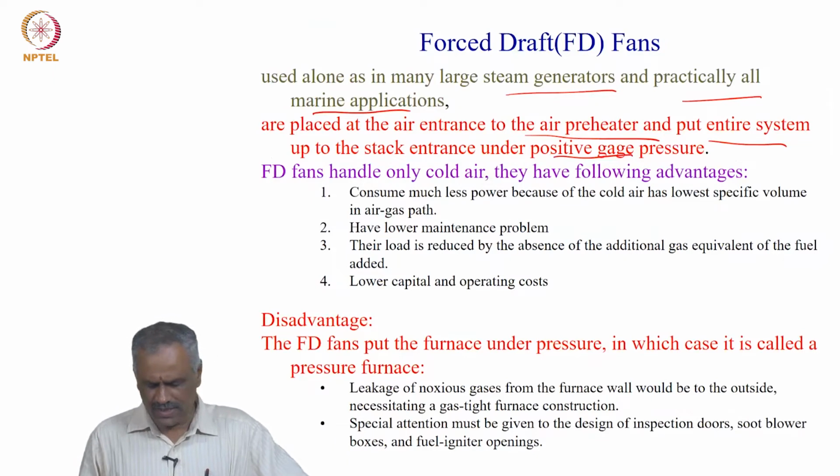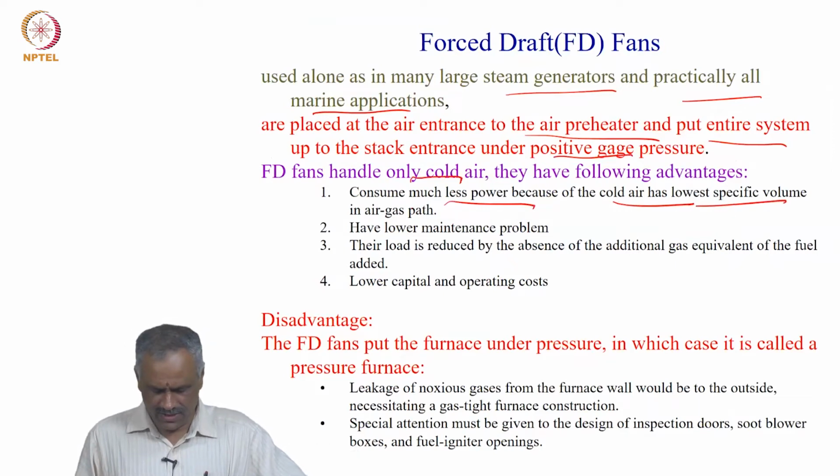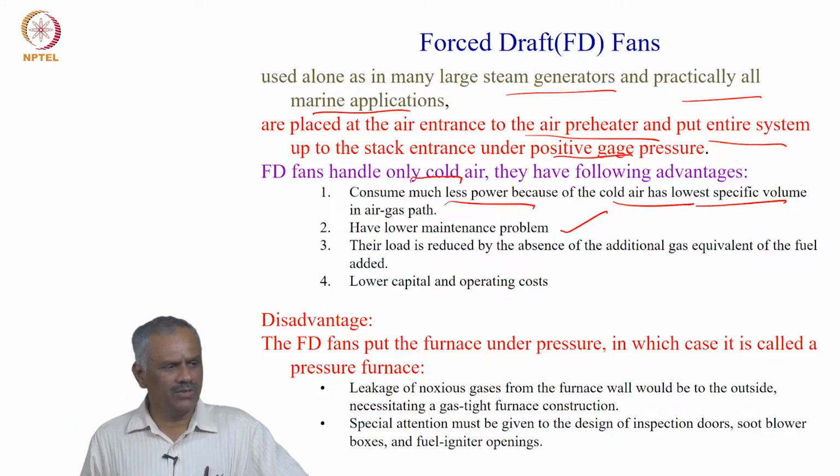These fans handle only cold air, which I just mentioned. They have advantages which I have already mentioned. They consume less power, because it is cold air with low specific volume, so the fan is smaller, and they have lower maintenance problems, because you are just pushing the air into the furnace.